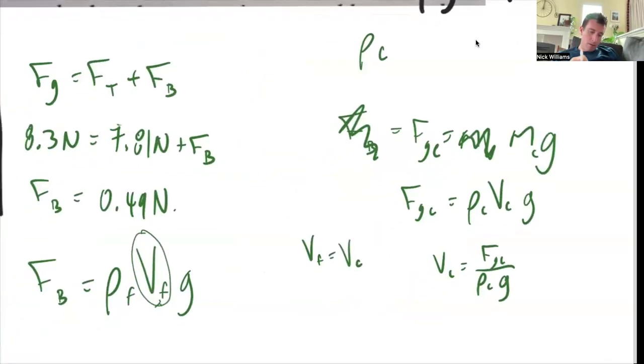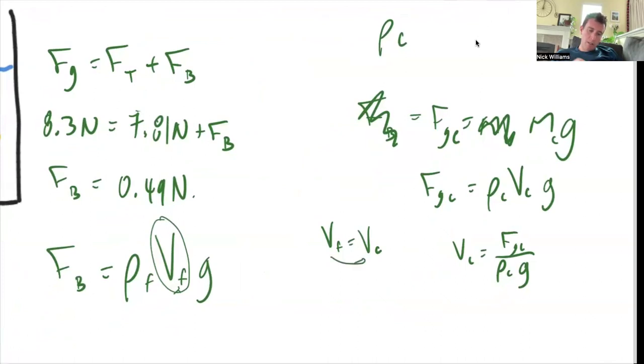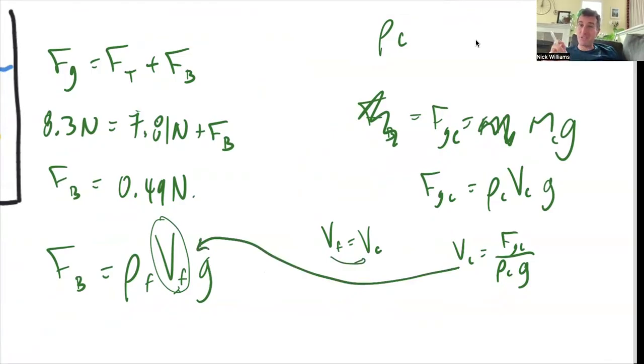Okay. Now, because these two are equal, I can take the volume of the crown, plug it in for the volume of the fluid, because the crown will displace its own volume of fluid.